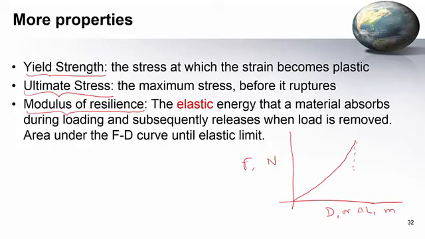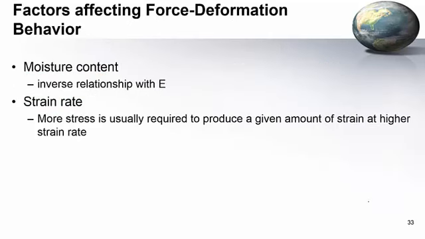And if you determine the area under the curve, that is Newton times meter, which is joules. So it's basically the energy required to move it up, which is the energy that is absorbed by the material during the loading. And when you release it, it goes back to 0. That means it releases the energy back. That is known as the modulus of resilience.